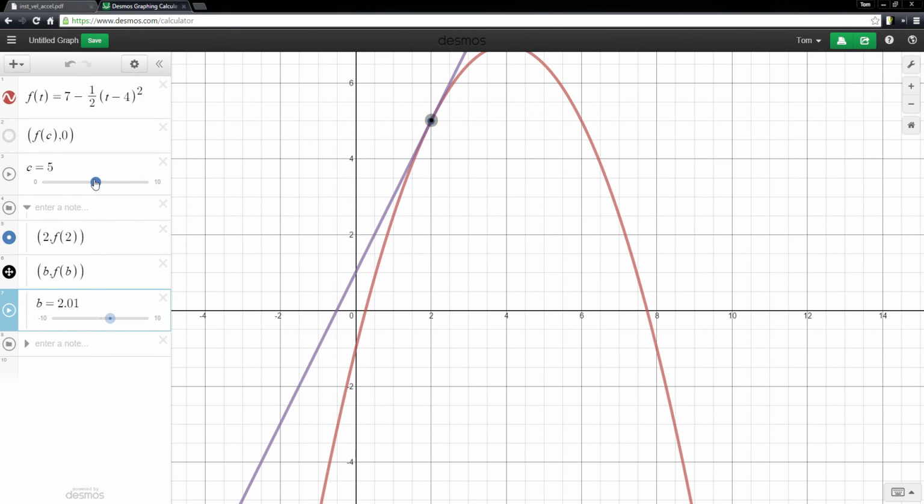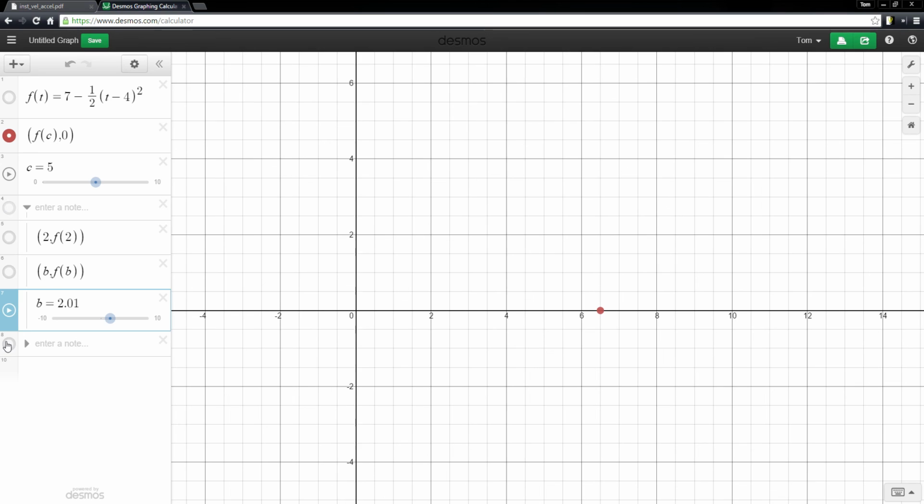And then if we go back here and turn back on the point and look at the motion, oops, wrong slider.